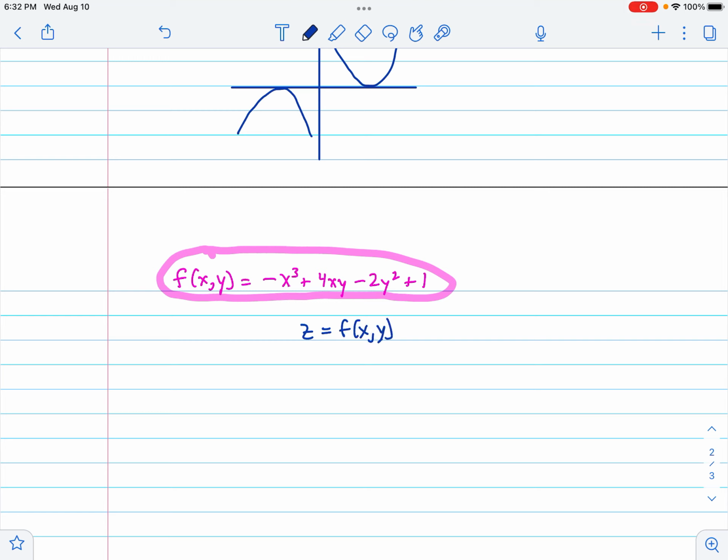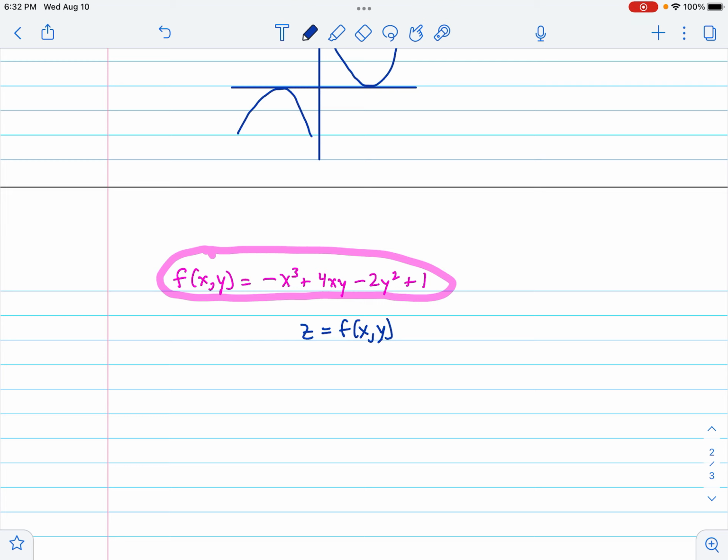Now, I want to find where a max occurs and where a min occurs for this surface, no matter which derivative we're taking, whether along the x-axis, along the y-axis, or in whatever direction. In other words, I want to look at the directional derivative.